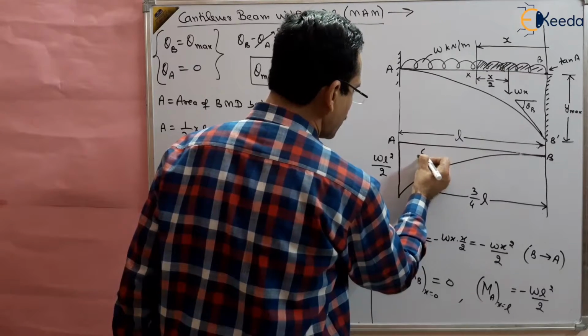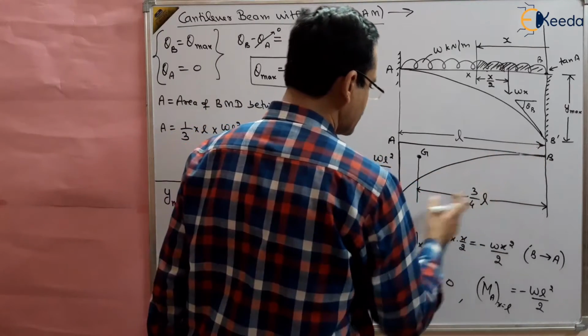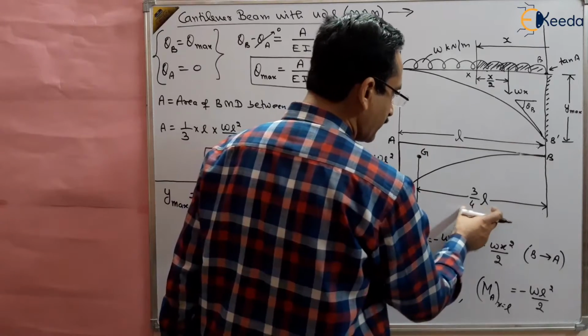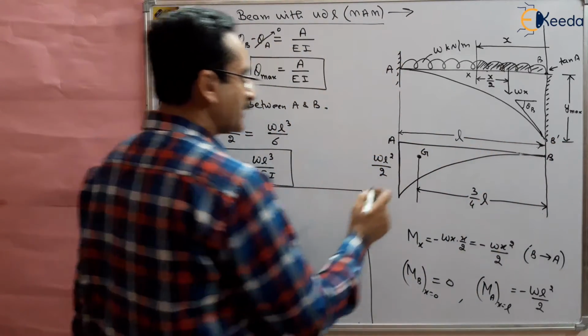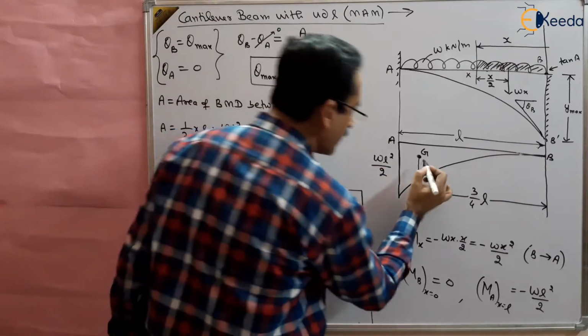This is our centroid. For this type of parabola, the CG is at a distance of 3/4 of the total length from the vertex. So the total area, WL square by 6, will be lying at this point.